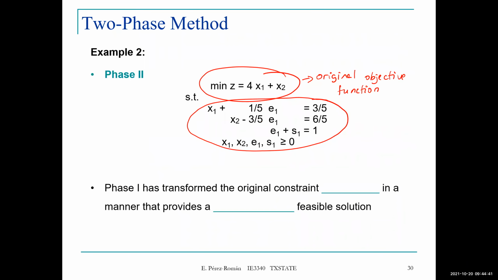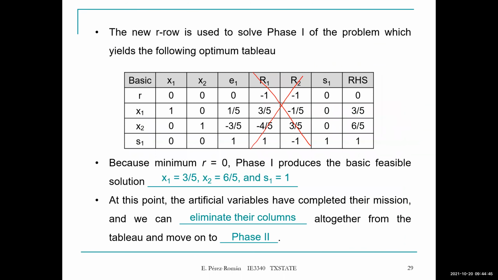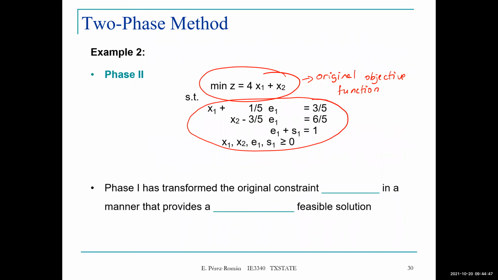Moving forward, we now use the coefficients from this tableau to state the new problem for phase 2. You're bringing back the original objective function, and we are using the coefficients from row 1, row 2, and row 3 to state the constraints. These constraints are going to provide us with the initial solution for the original problem.